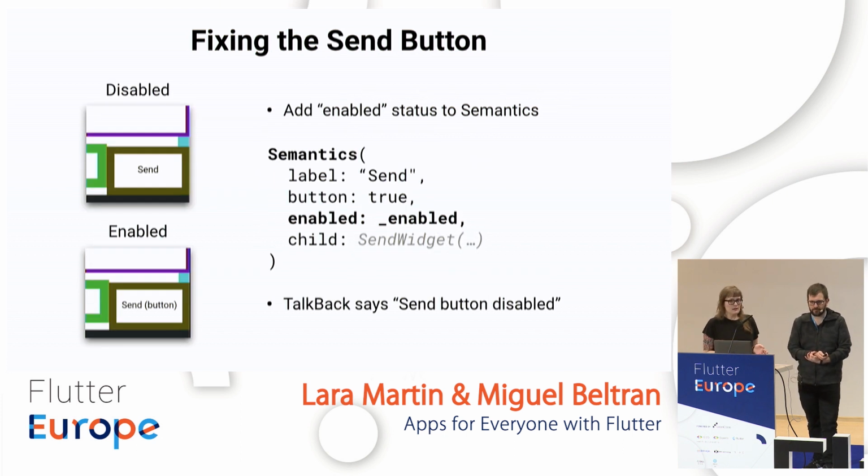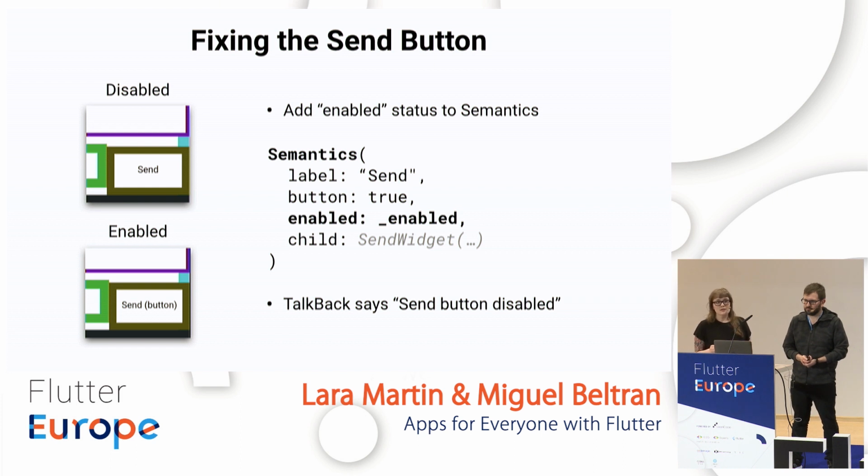We do the same with the send button, which is disabled by default. And this piece of information, that the button is disabled, is very important for the user. They need to know whether it's actionable or not. So to fix this, in this case, we do the same. We wrap the widget with the Semantics widget. We add the label, in this case send. We set button to true.